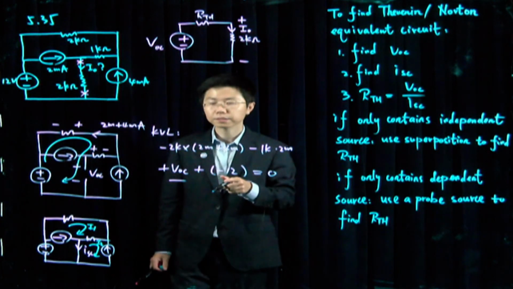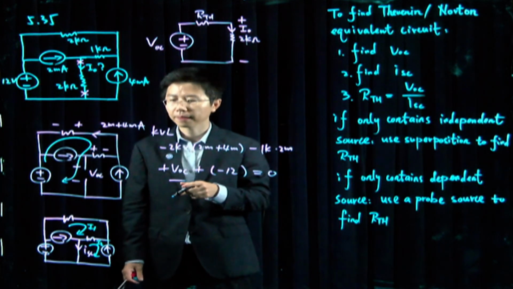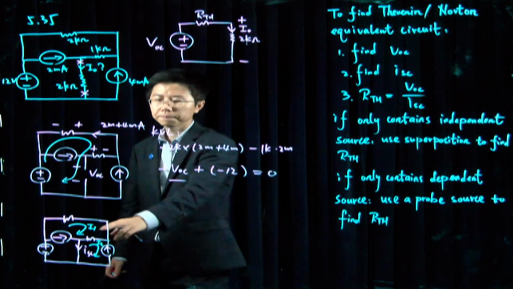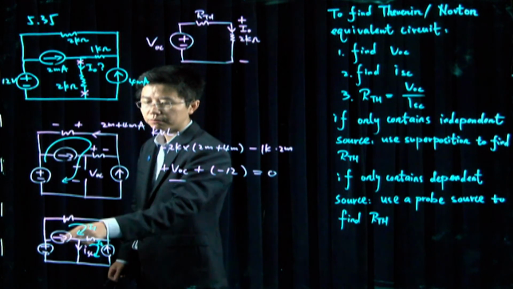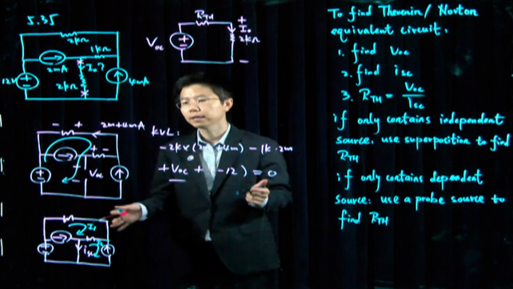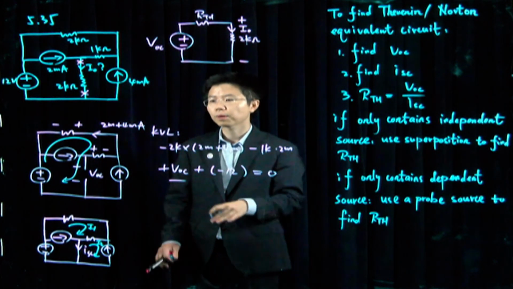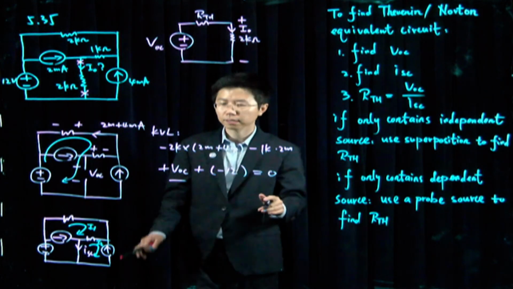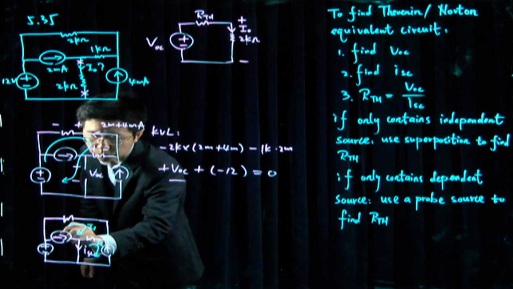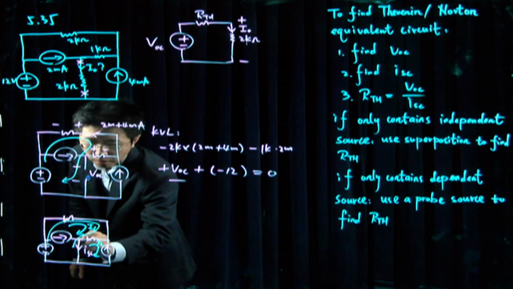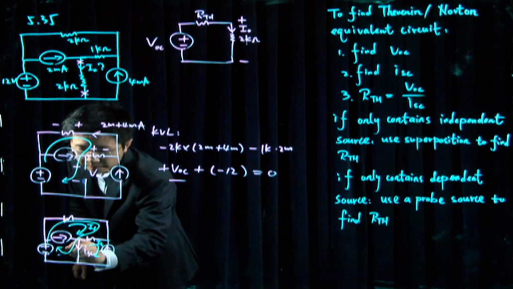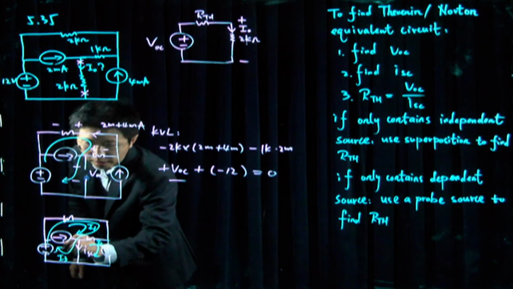There are some complexities when applying loop analysis here. When there's a current source being shared by two meshes, I need to apply either the supermesh technique or the general loop technique. So here, maybe I'll just choose another loop, and I'm calling this general loop I3 here.